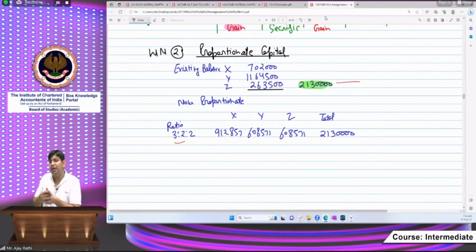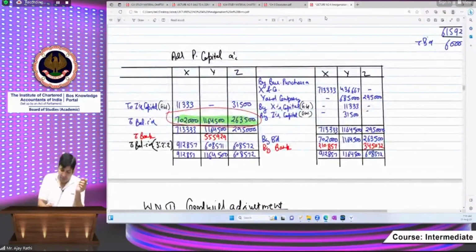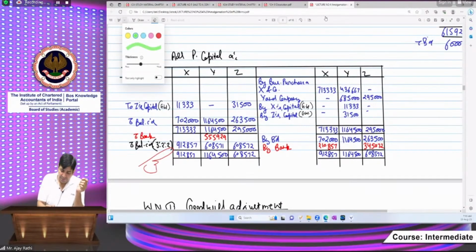That has to be carried down in the new partnership ratio. So these are the balances which we have to carry down in the partners' capital account in the new partnership firm. So beta, while we do these things, as closing balance there will be a difference. That is the meaning.